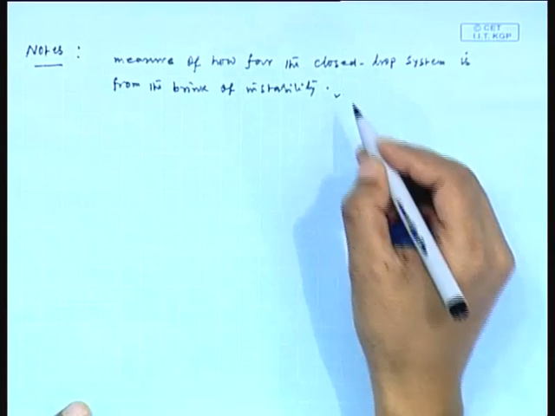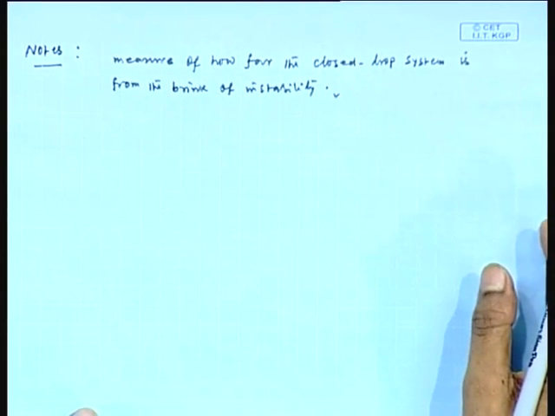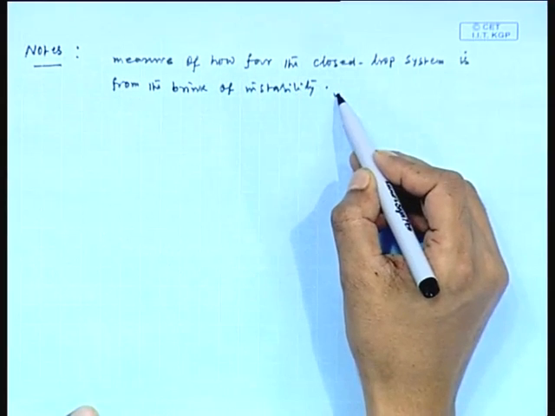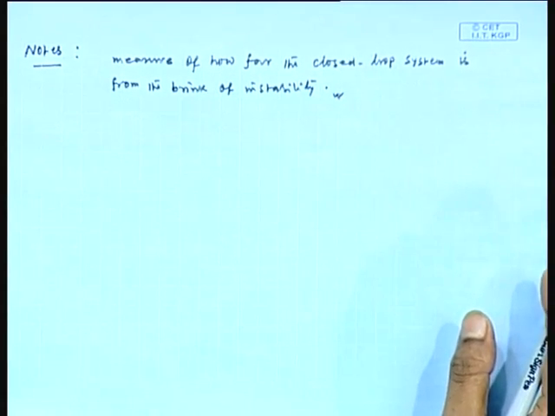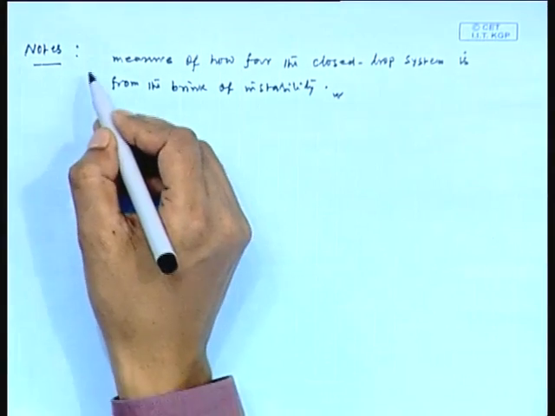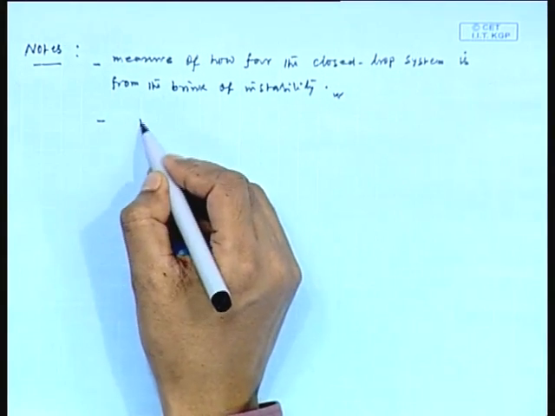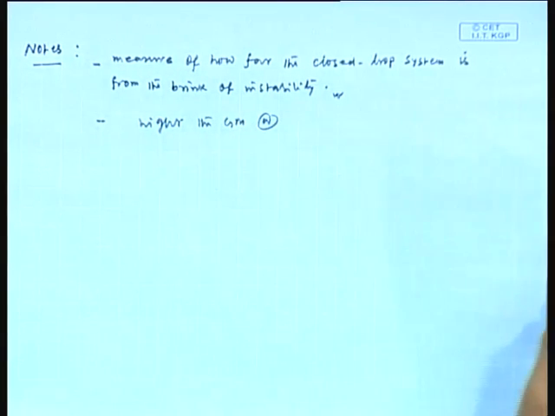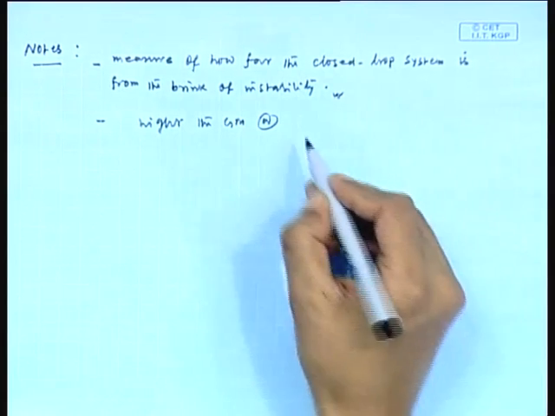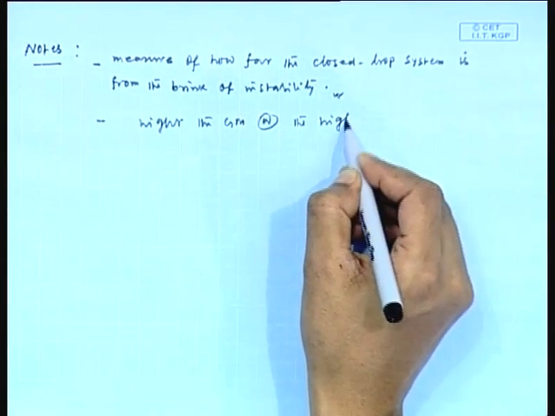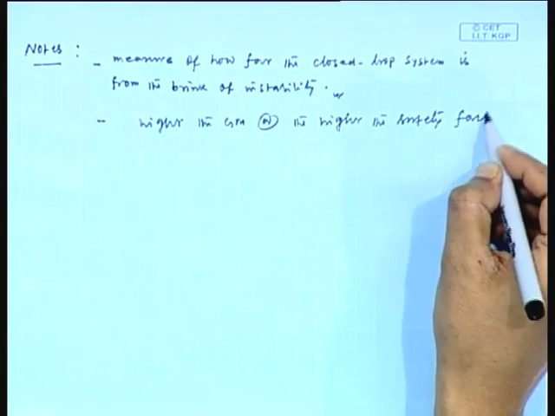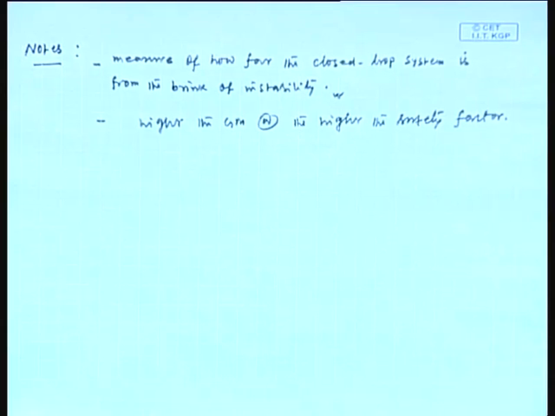This is also true for phase margin, fine. So, they are the measure of how far the closed loop system is from the brink of instability. Now, the higher the gain margin implies the higher the safety factor.